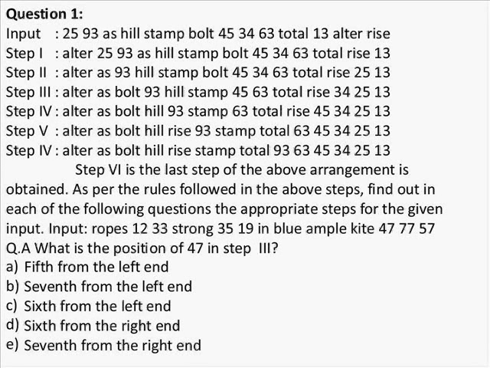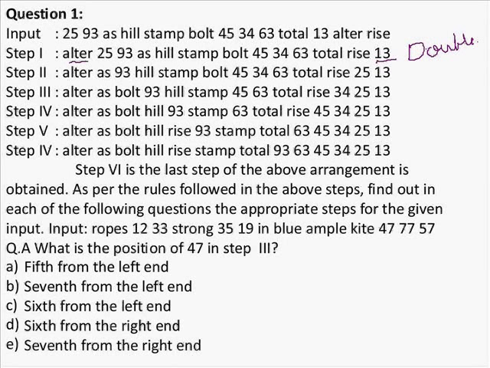Now we are moving to a question. If we see, as this is there, 2593 as health stay. First we see after, and 2593 has come. But here you'll see 13 has also reached here. So this is called double switching. Here, words are in the dictionary mode, and here numbers are coming in ascending order.